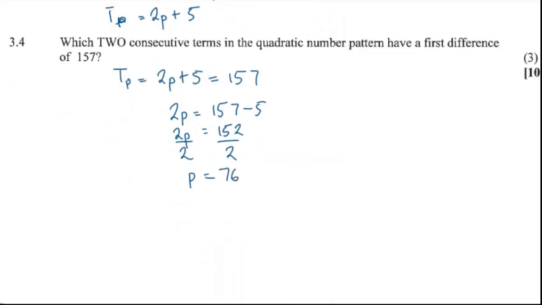So that is going to be the 76th. What that means is that this is going to be between the 76th and 77th term. So that is basically how you go through that question.